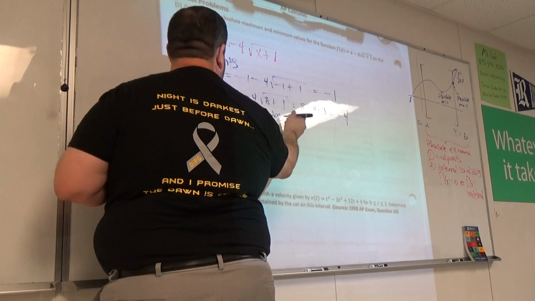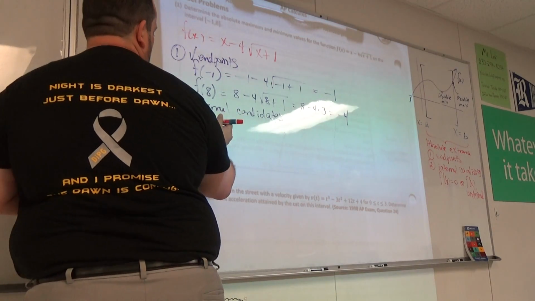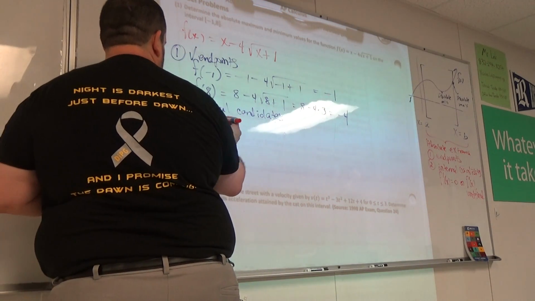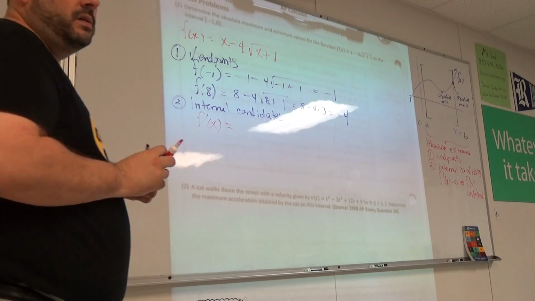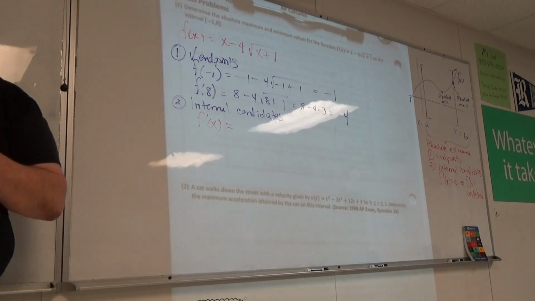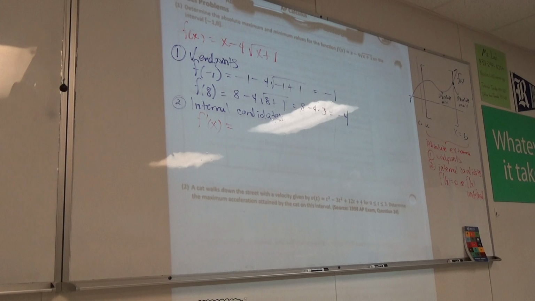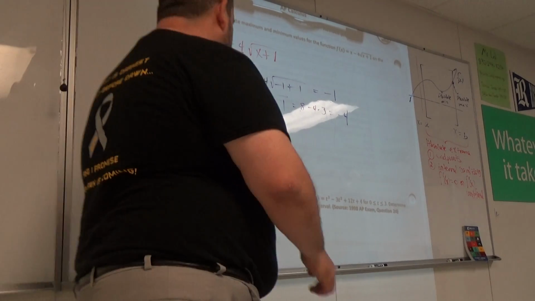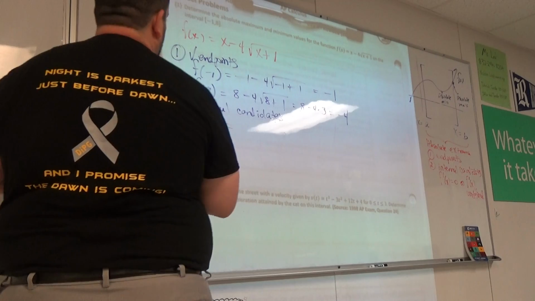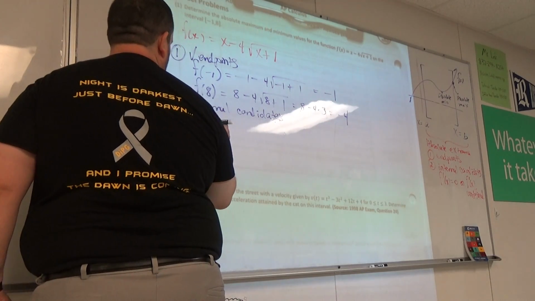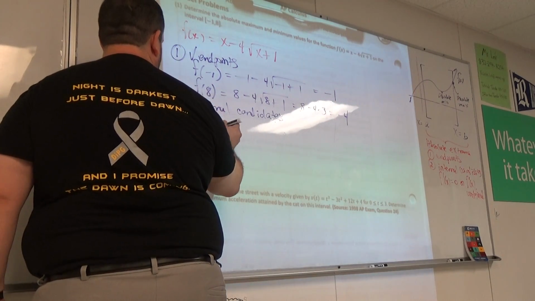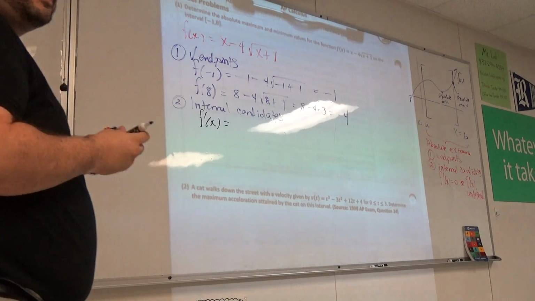The way that we're going to find the internal candidates is that we're first going to find the derivative, because what I'm looking for are those relative max and relative mins. So take a moment. Show me how good your derivative skills still are, even though we've been away for a couple of days. It feels like forever. Feels like August all over again.